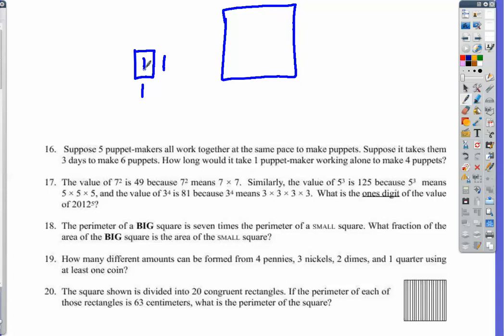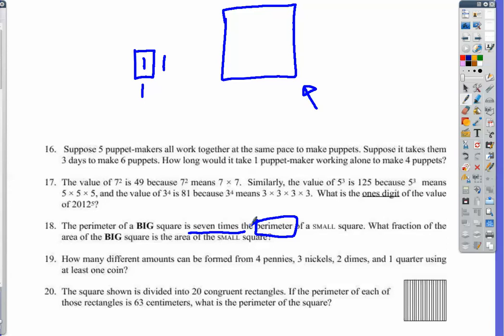But the problem says that the larger square is going to have a side length that is 7 times. Now I know it says the perimeter, but the perimeter can only be 7 times the size if each side length is also 7 times the size.